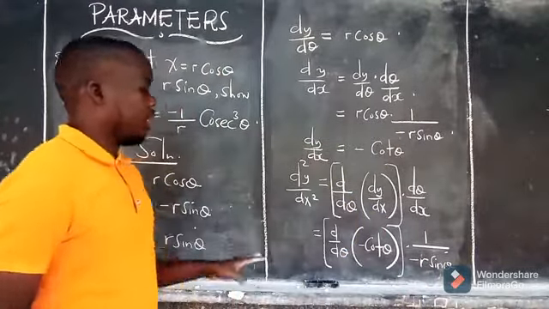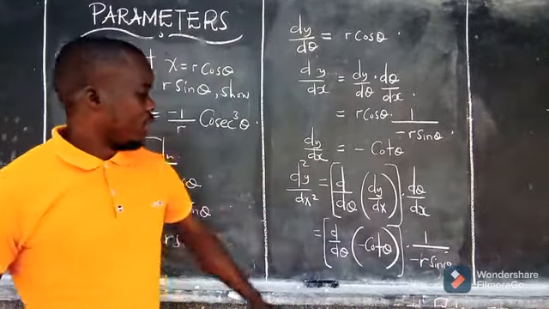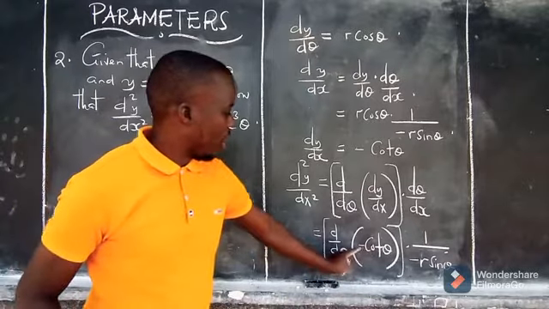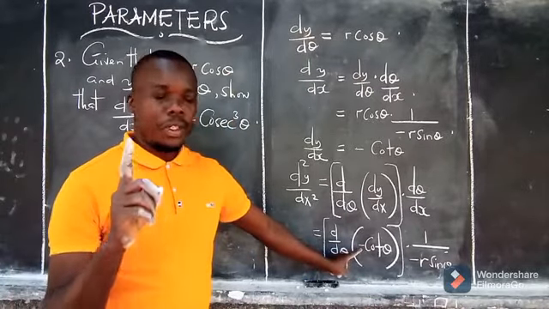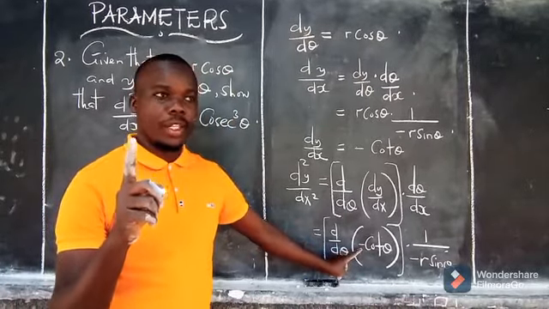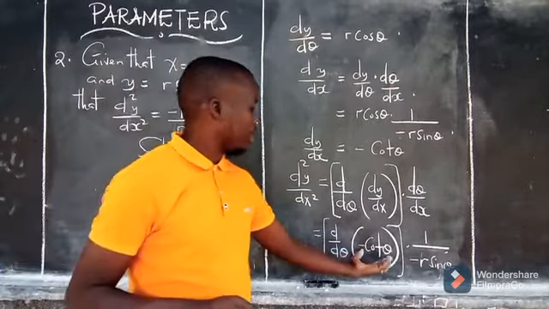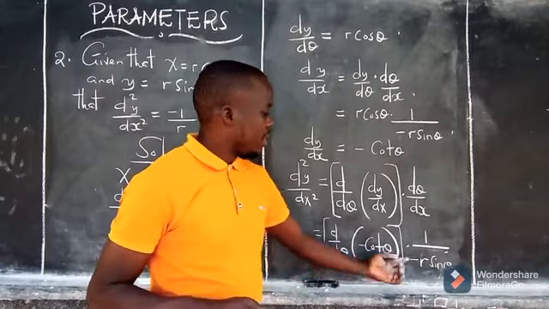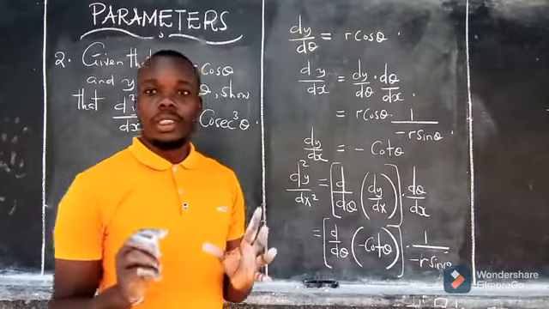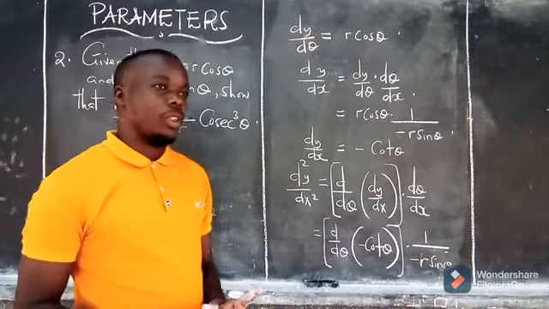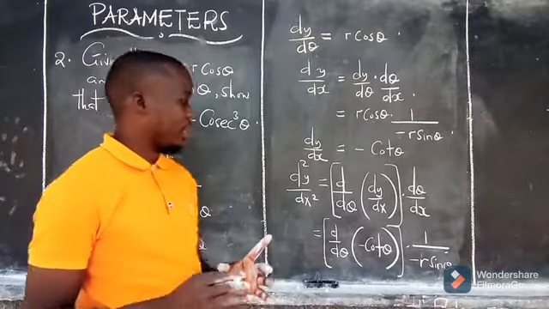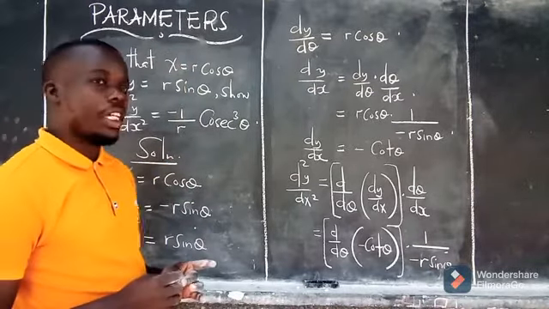And if that is the case, we shall differentiate this. Because we have a negative here, remember, when you differentiate cot, you get negative cosec squared. So a negative and negative become a positive. And so if this is cosec squared theta, 1 over sine is also cosec theta. So cosec squared theta times cosec theta will give us cosec cubed.